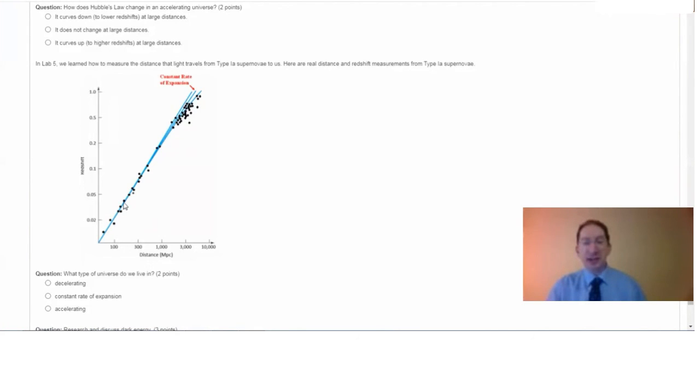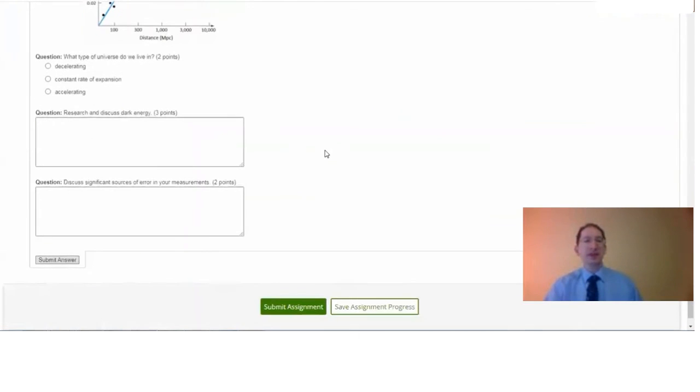And initially, it does look to be fairly straight, but then you can see the data collect on the downward side. Here we have the curve corresponding to a constant rate of expansion. These other curves, one of them corresponds to a decelerating universe, and one corresponds to an accelerating universe. And so you'll be able to use these type 1a supernovae data to determine what kind of universe we live in. You'll answer that in this question here.